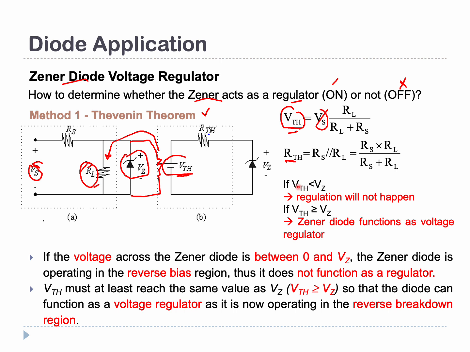So if V Thevenin is lesser than VZ, the regulation will not happen, and in this case we said that the Zener is turning off.